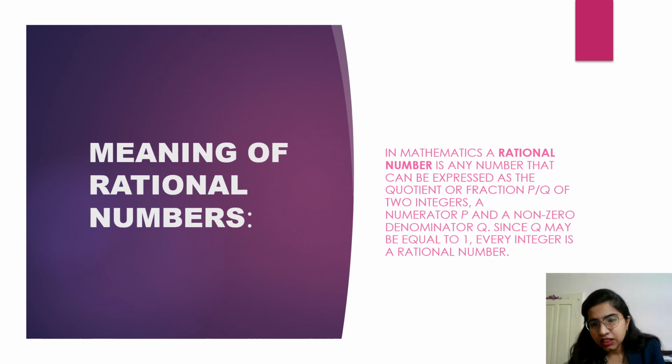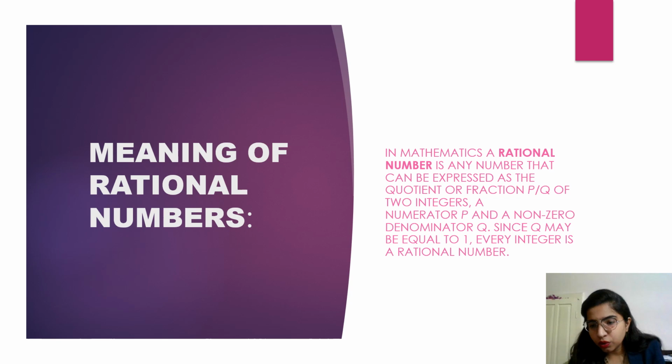See, the definition is here. In mathematics, a rational number is any number that can be expressed as a quotient or fraction p by q of two integers, where p and q are integers. It can be positive, negative, or 0, but q must not be equal to 0.